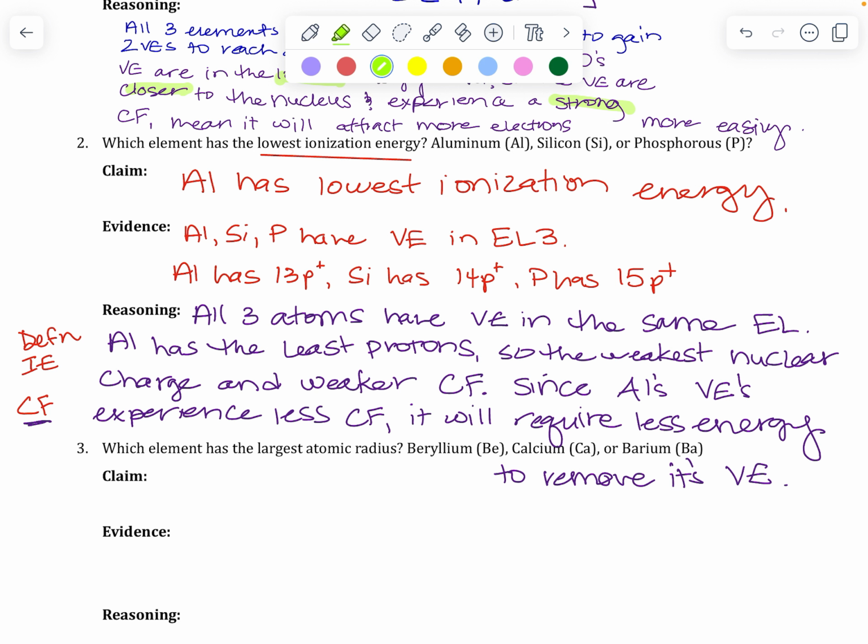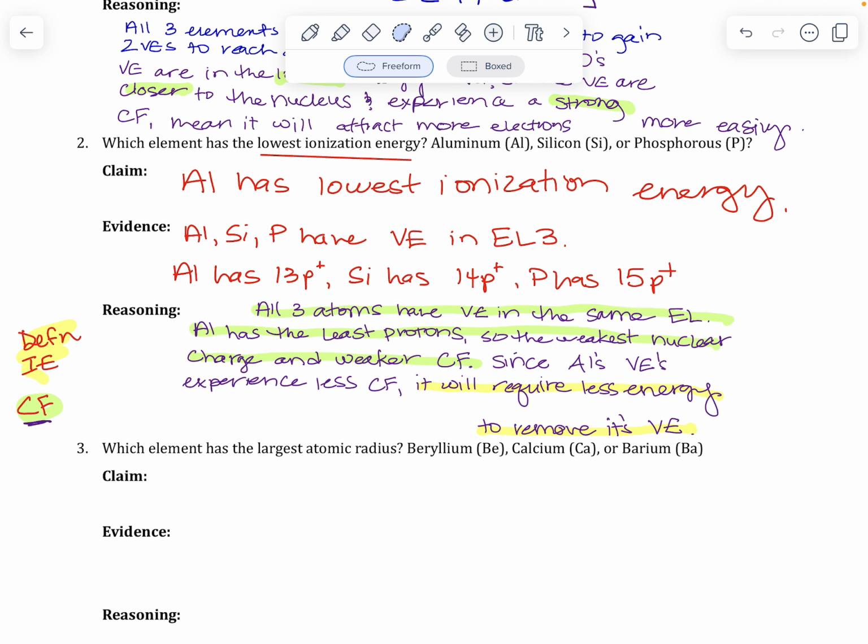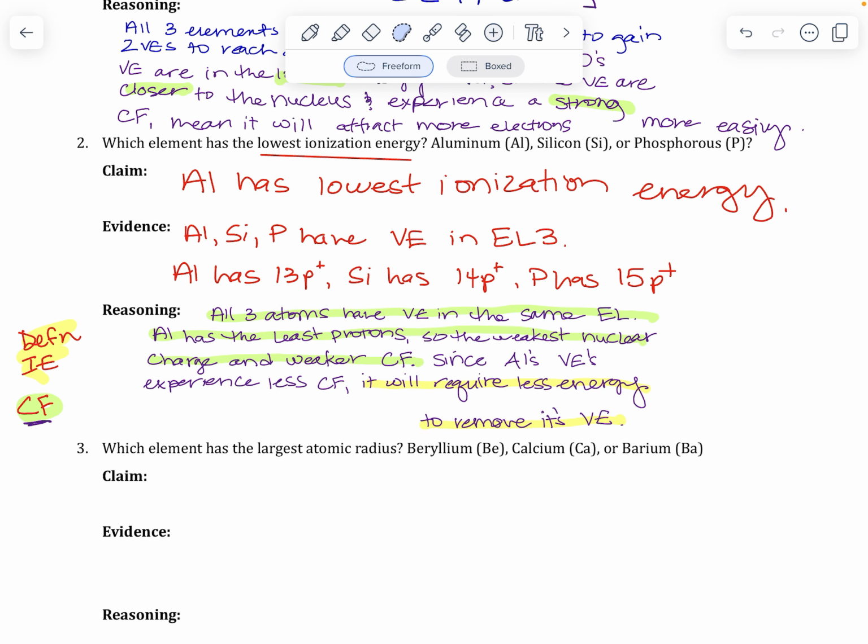So I discussed my Coulombic force, comparing that structure based on what I got from the periodic table. And then my definition of ionization energy is in here, connecting Coulombic force, less energy to remove valence electrons within my reasoning. All right, if you want, feel free to pause, try the next one on your own.